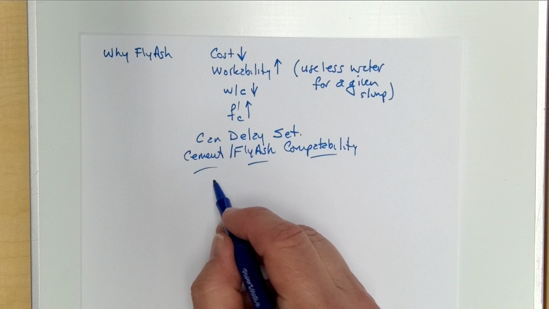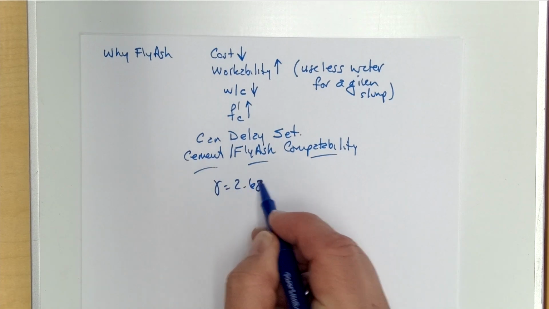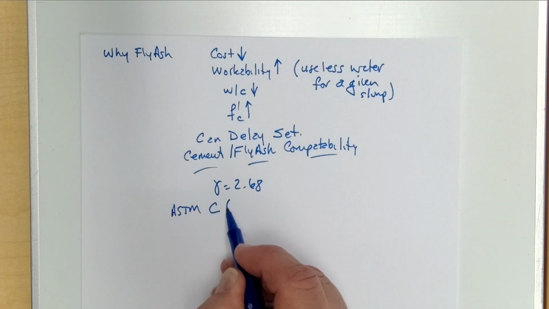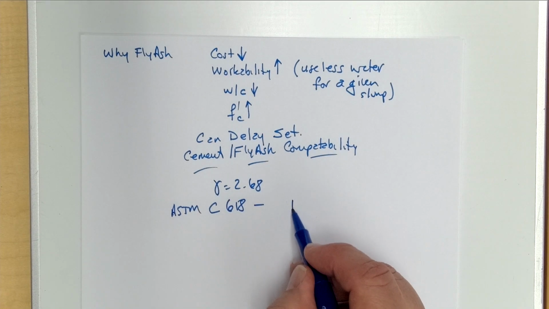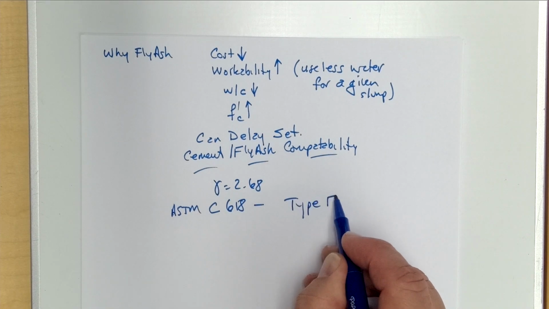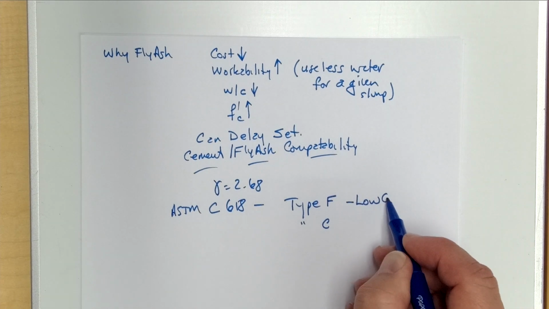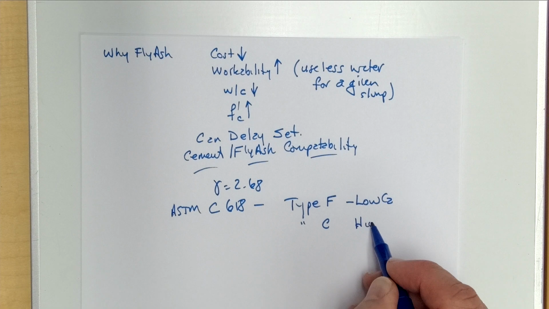So, specific gravity is 2.68. It's governed by ASTM C618, and there is a type F and a type C, and this is low calcium and high calcium ash.